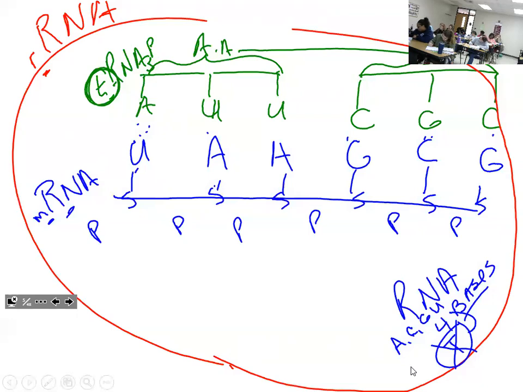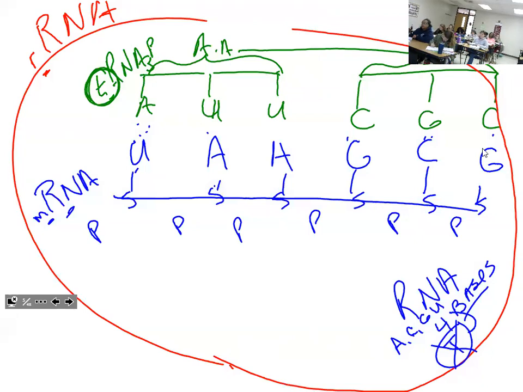How many different codons do we have? 64. Did everybody understand why there are 64 potentials? If you only have 4 bases, the potential arrangements in a sequence of 3 number 64. And did everybody look at this chart?